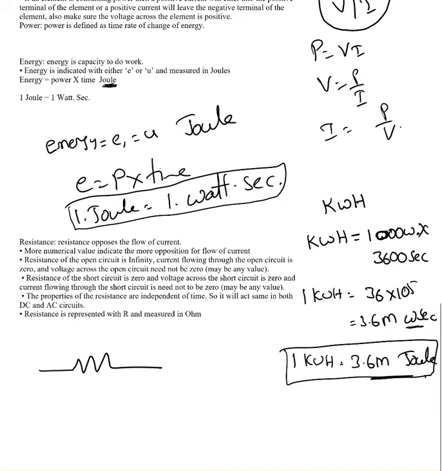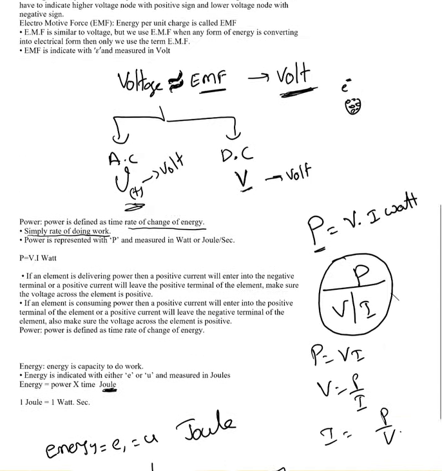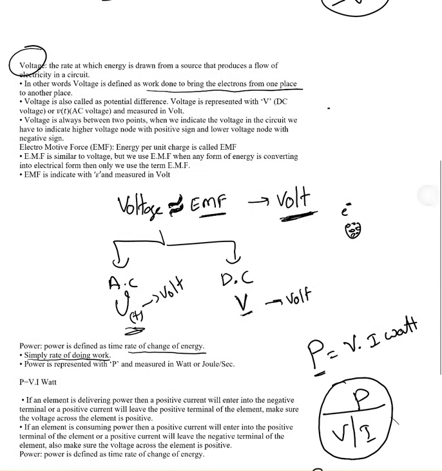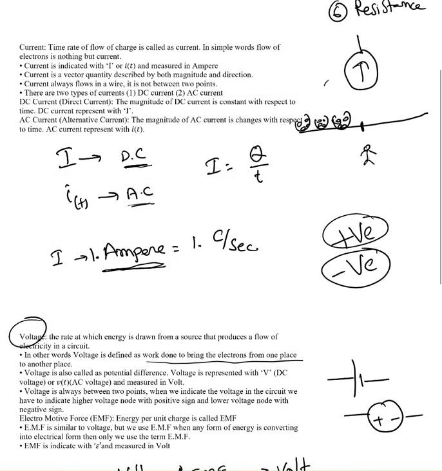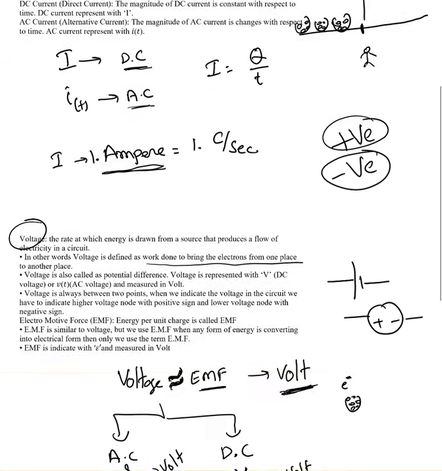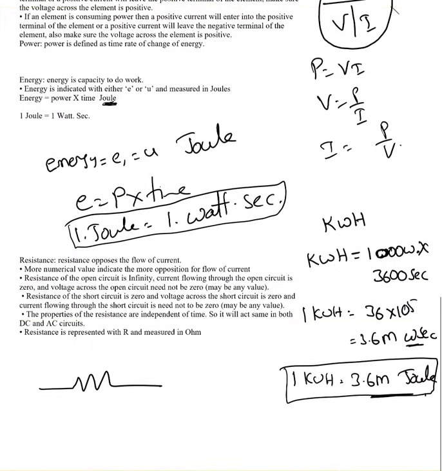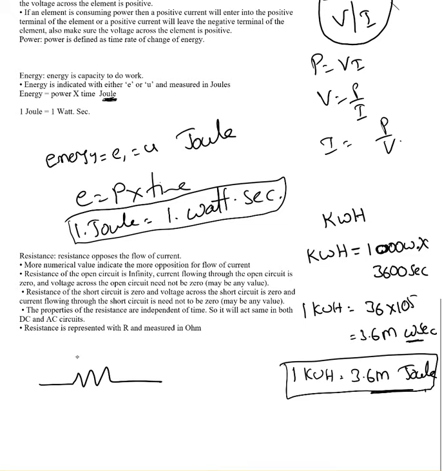The previous ones, none of them have a symbol, except voltage source and current source, which have their own symbols, but you don't need to worry about that at this point. This is the resistance symbol. It is indicated with R and measured in ohm. 5 ohm, 10 ohm, and ohm has the omega symbol.